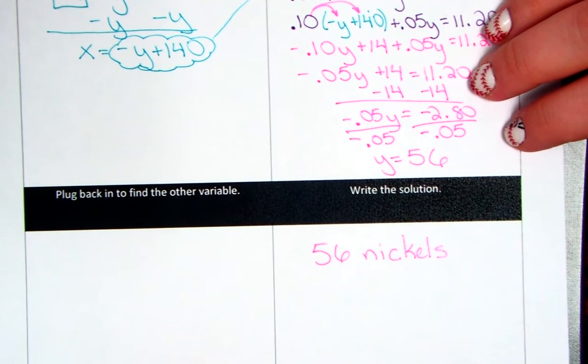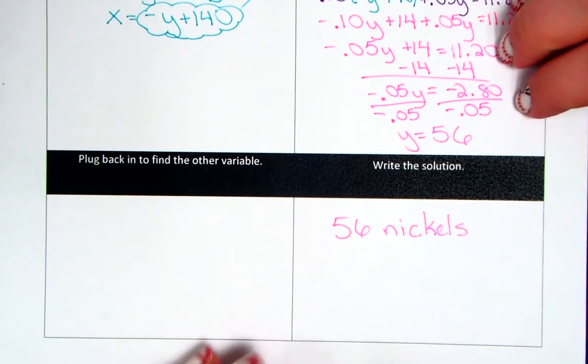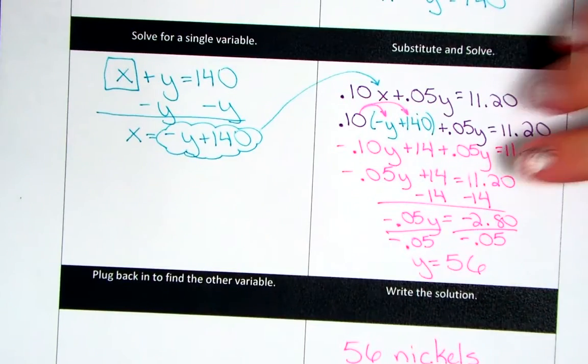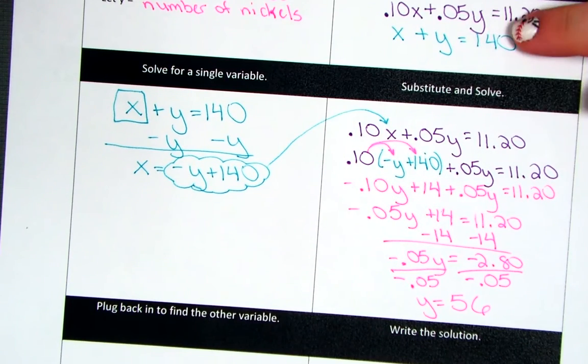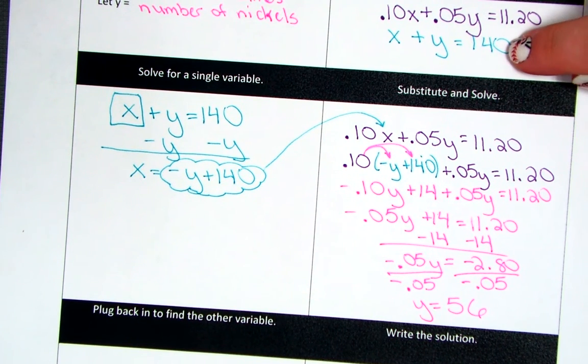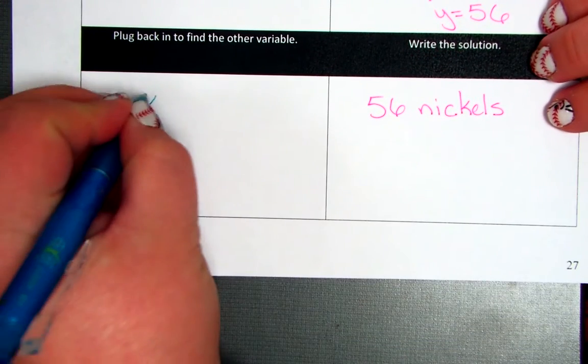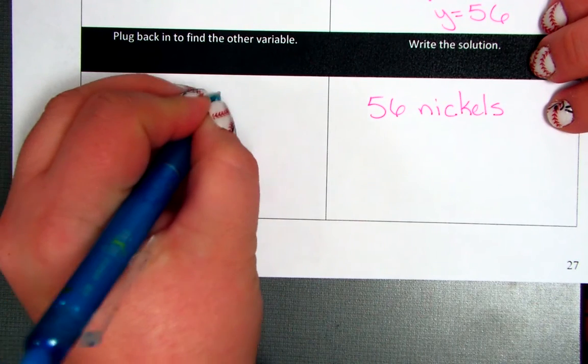And we need to figure out how many dimes there are. Remember, we take the 56 and we plug it into one of the original equations up here. I'm going to use the blue equation. So x plus y equals 140.